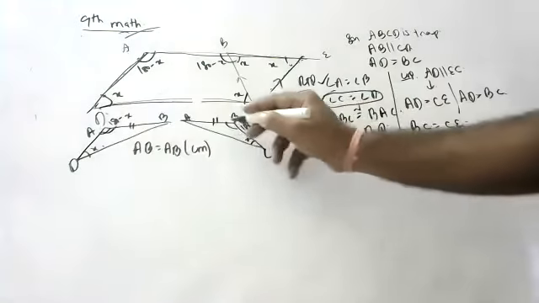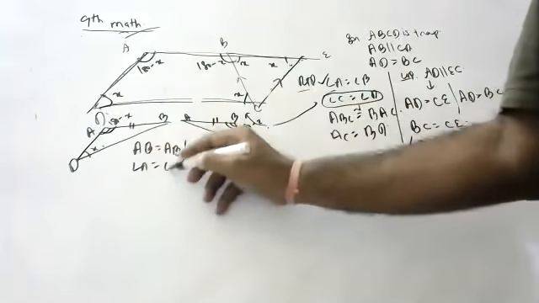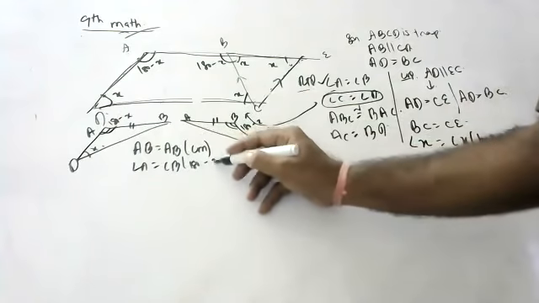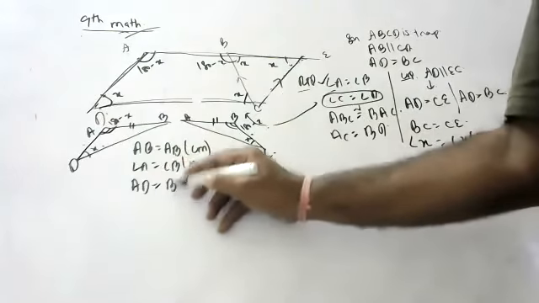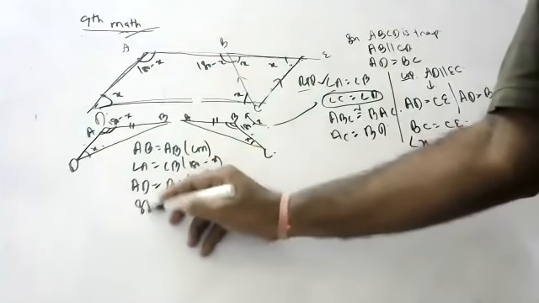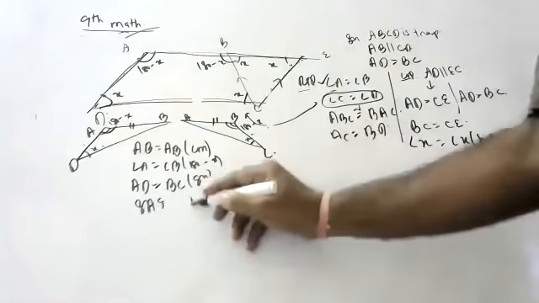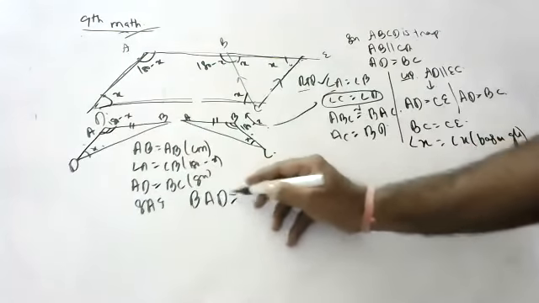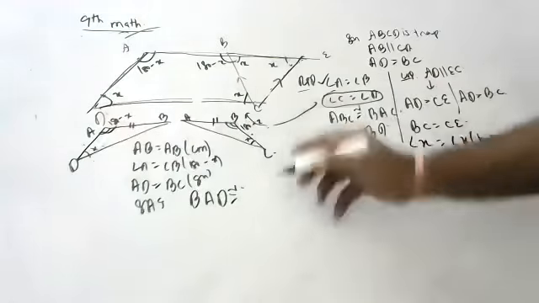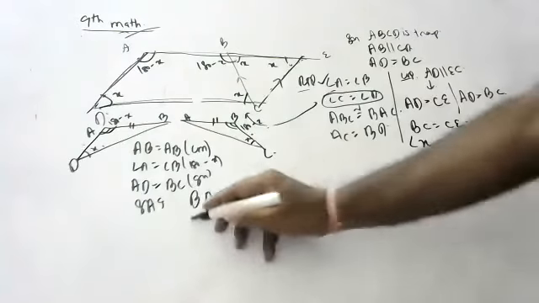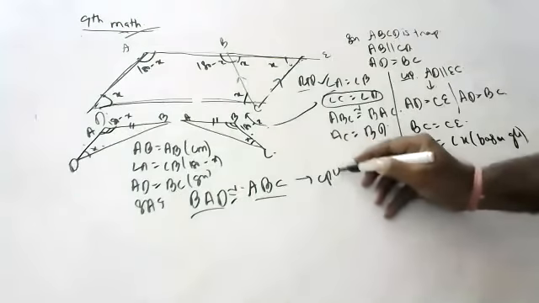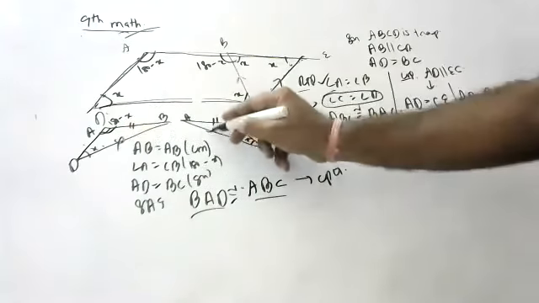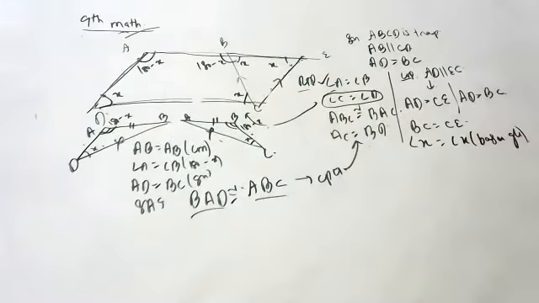Angle A is equal to angle B, since 180 minus x. AD is equal to BC, given. By SAS, triangle BAD is congruent to triangle ABC. Because they are congruent, by CPCT what can we say? BD is equal to AC, diagonals are equal.